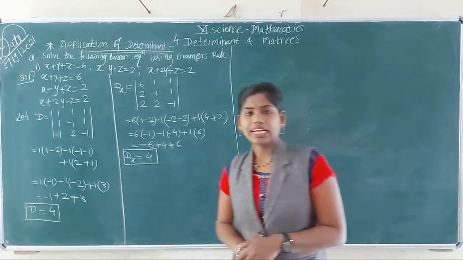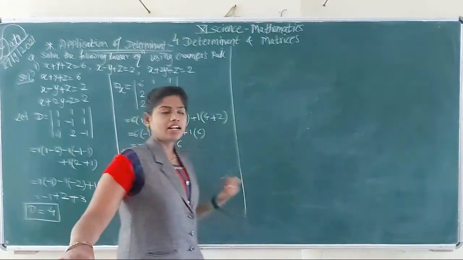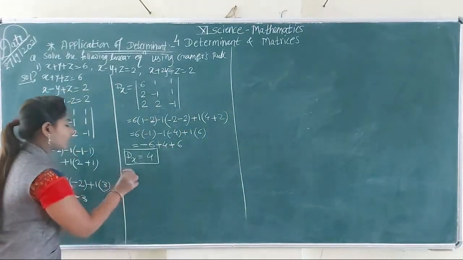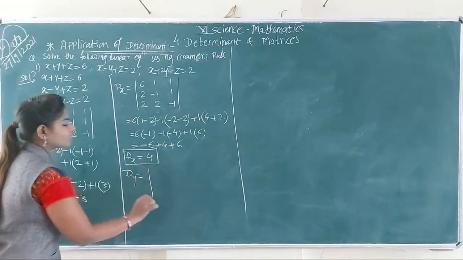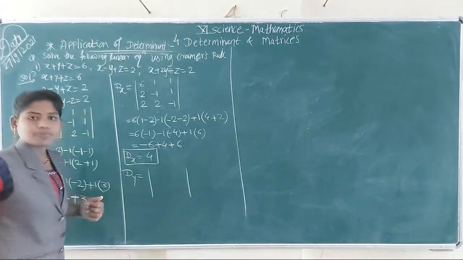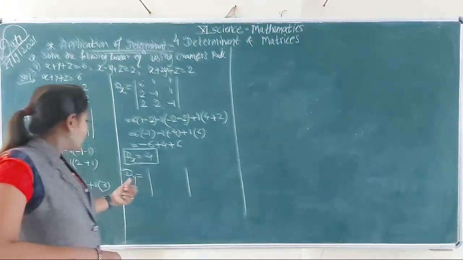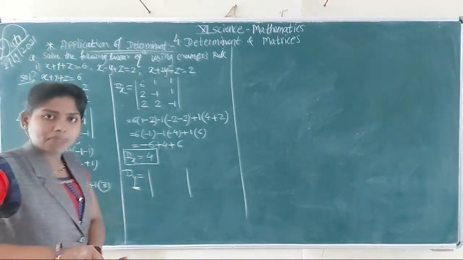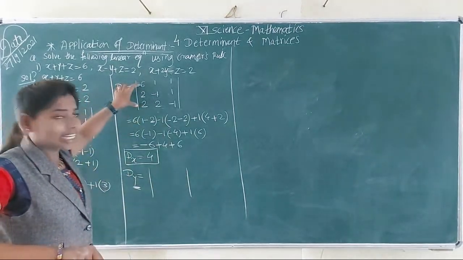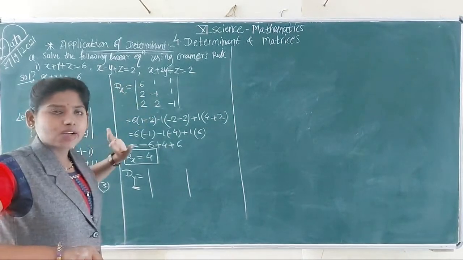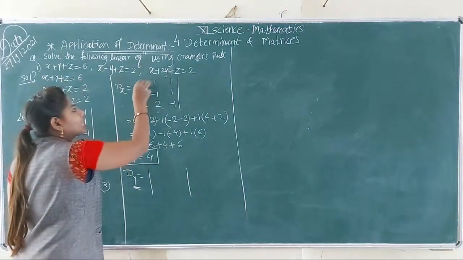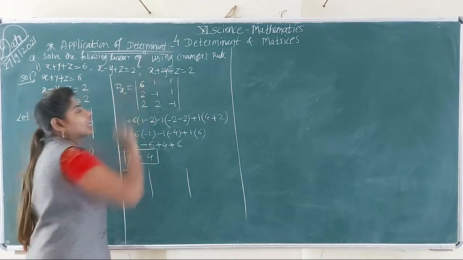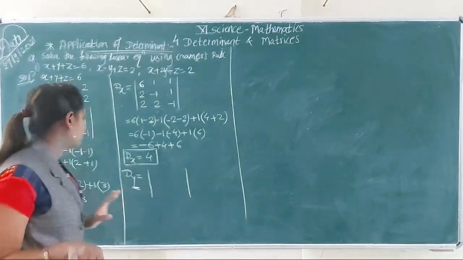Now next find dy. आता काय करणार, dy फाइंड आउट करणार, for dy, replace, आता काय रिप्लेस करणार, for dy y चे कोएफिशिएंट म्हणजे सेकंड कॉलम मध्ये काय रिप्लेस करणार, सेकंड कॉलम इज रिप्लेस्ड बाय कॉन्स्टंट टर्म, फर्स्ट अँड थर्ड कॉलम मध्ये काही चेंजेस करणार नाही, फर्स्ट अँड थर्ड कॉलम ॲज इट इज राईट डाउन करणार.